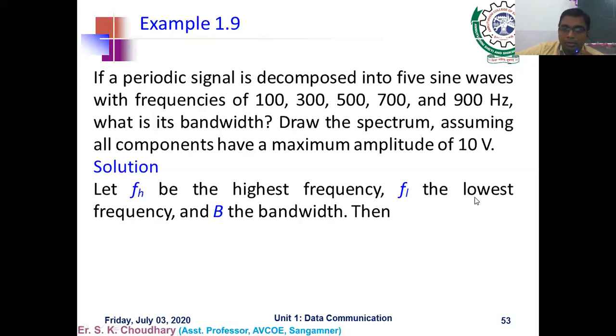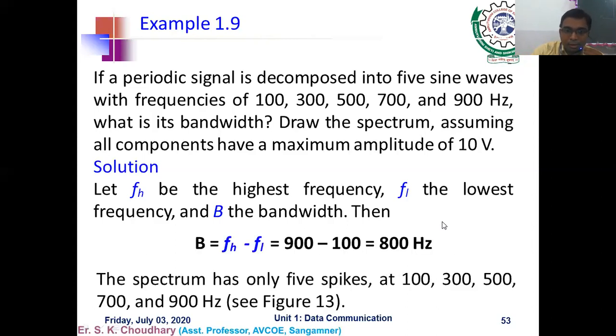It is not possible to see how you are drawing your spectrum, but tell me the value of the bandwidth. 800. 800 hertz, correct, because the maximum frequency is 900 hertz and the lowest frequency is 100 hertz.